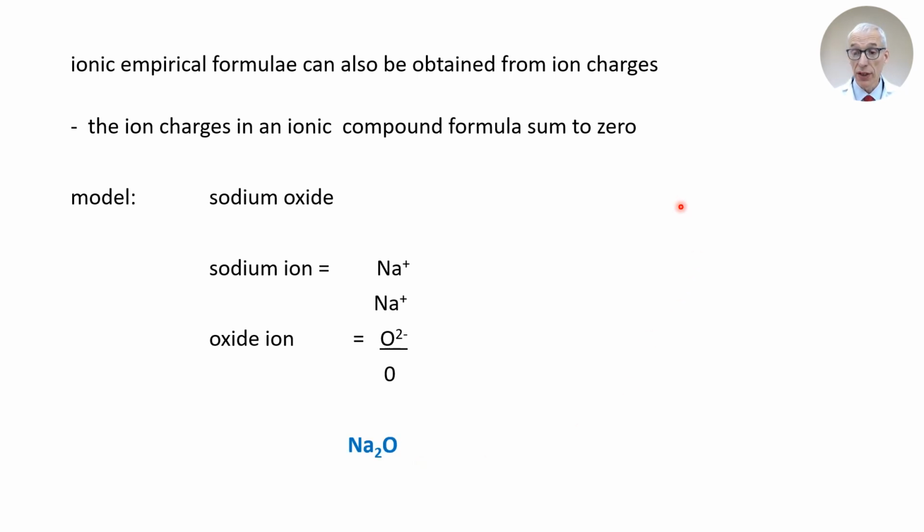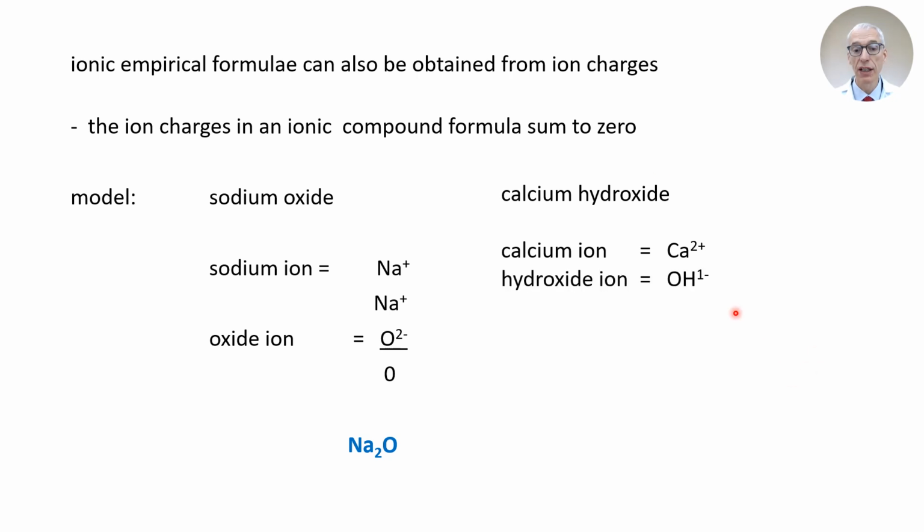Second model, calcium hydroxide, slightly more complicated, only slightly. Calcium is in group 2, it's a 2+ ion. Hydroxide is a group ion, 1-. 1 calcium and 1 hydroxide, we add those ion charges together, they do not sum to 0. So we need a second hydroxide ion to sum to 0.